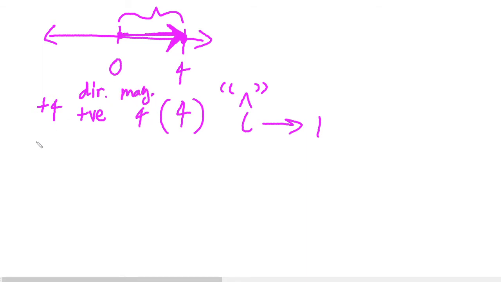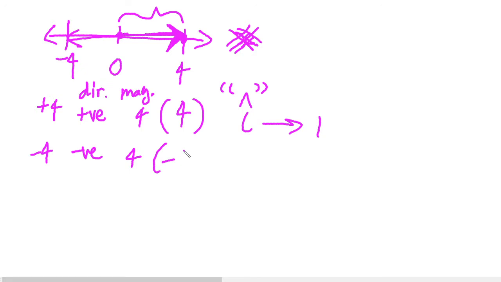And of course, that means negative 4 could also be seen as a vector with the direction negative, or negative x if you want to call this the x-axis, even though there's only one axis, so it's not really an appropriate term. You've got negative 4, which can be treated like a vector with direction negative and magnitude 4.